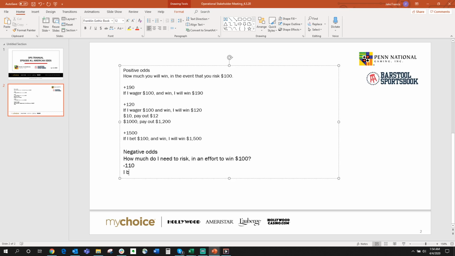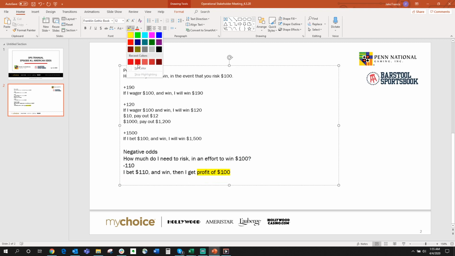So I bet $110 and win, then I get profit, and this bit's important, this is profit, right, of how much? Right, $100, okay? So now remember, the decimal rule still takes effect.